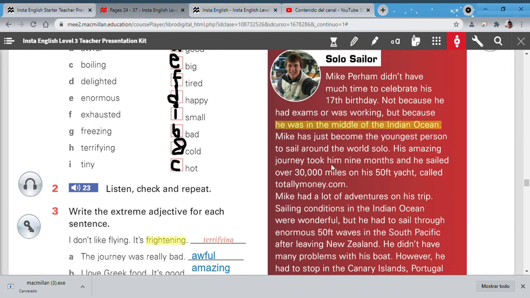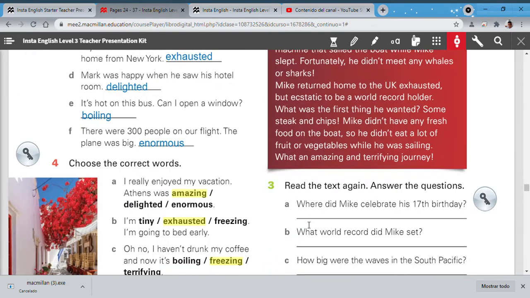Number one. So, in the middle. He was in the middle of the Indian Ocean. That is the answer.